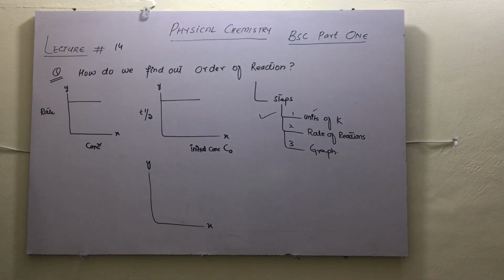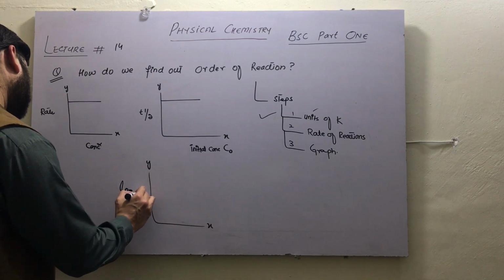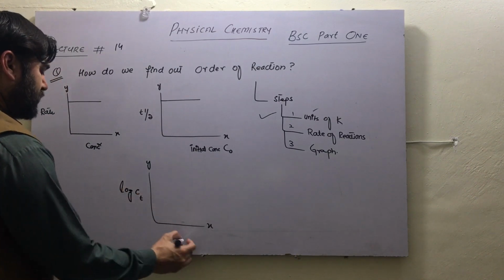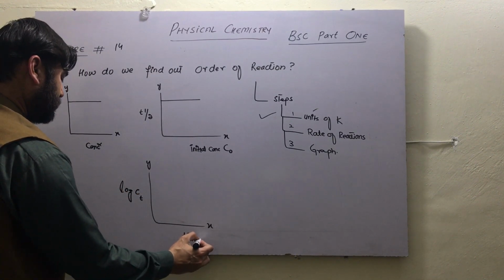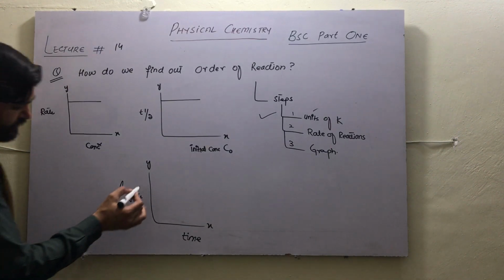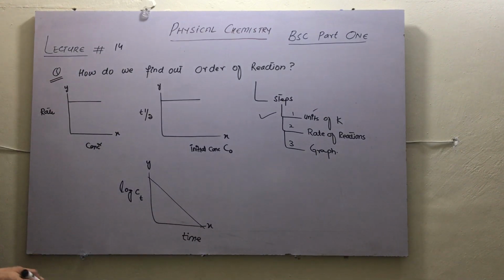In the third one, there is log to the base e of concentration against time. The x-axis is time, and suppose the graph is like this. So you can find out the order of the reaction.